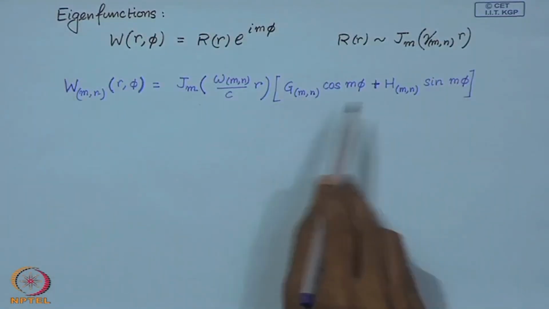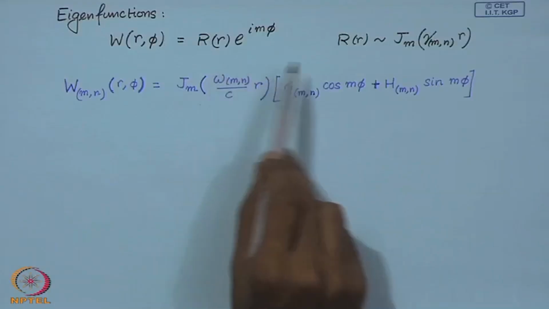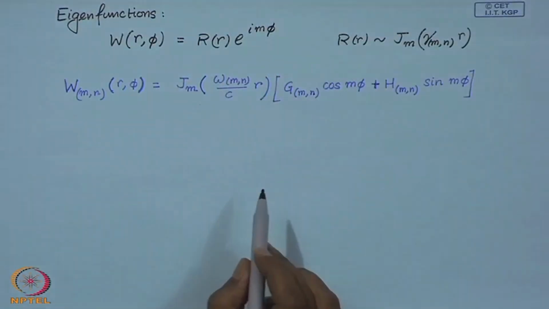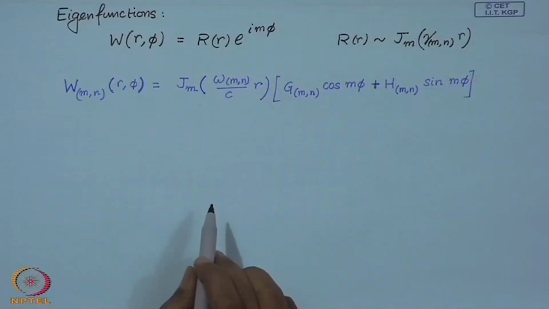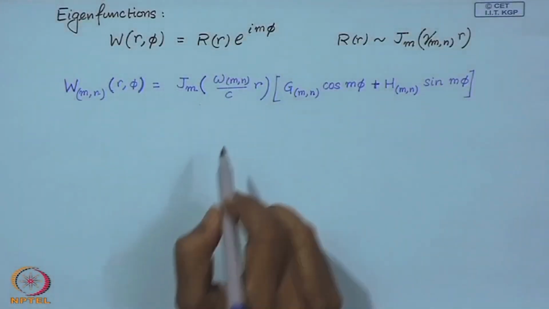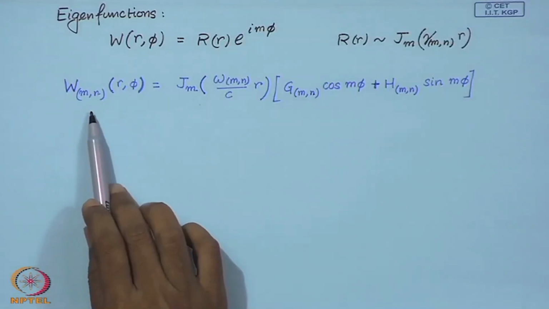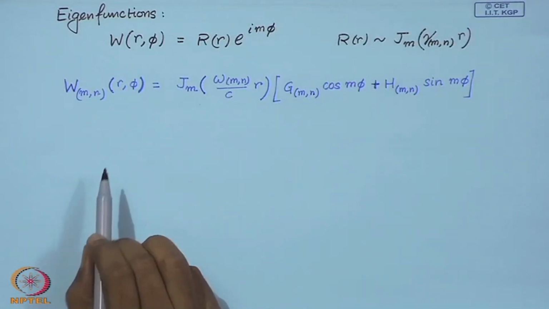So, it is a linear combination of the cosine m phi and the sine m phi, and that multiplied by the Bessel function of the first kind in this form. So, that is the eigenfunction m n.